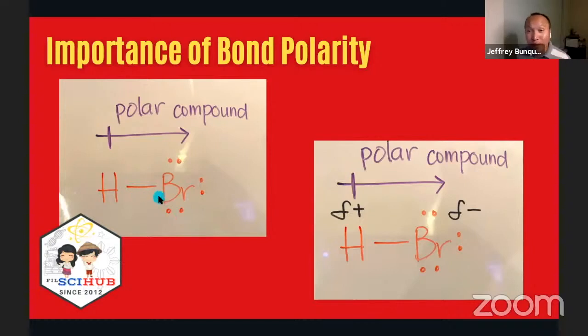So when they form a bond, an electronegative atom tends to attract more of the electrons towards it. So kahit po itong hydrogen-bromine bond dito ay single bond, majority po ng electron cloud dito ay napupunta or lumalapit sa bromine. And that results in a net dipole moment, making it a polar compound.